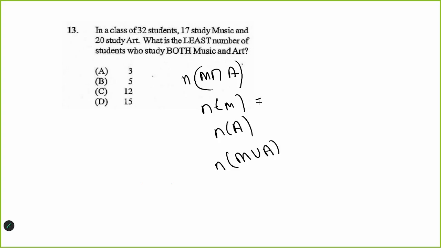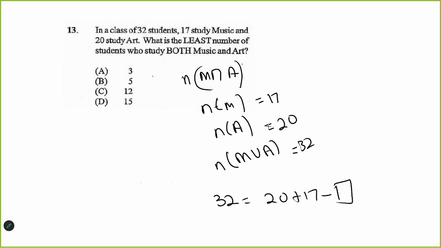Music is 17, art is 20, and the total is 32. So 32 is equal to 20 plus 17 minus that box. 32 is equal to 37 minus some number. That some number would be 5. So the answer is B.